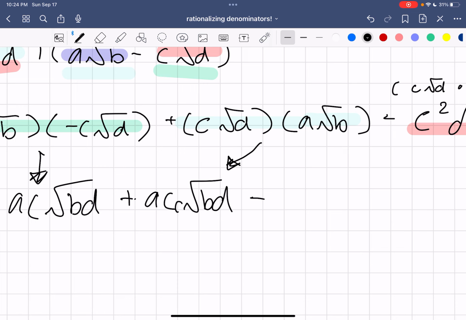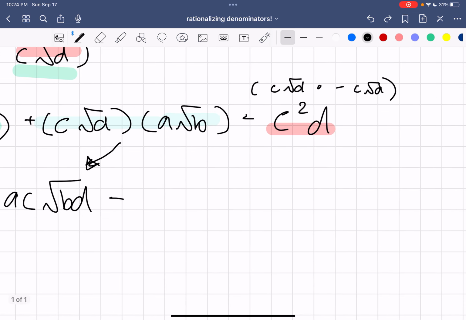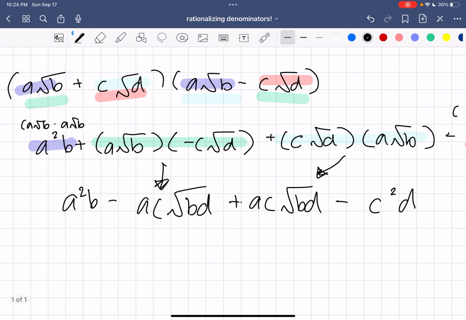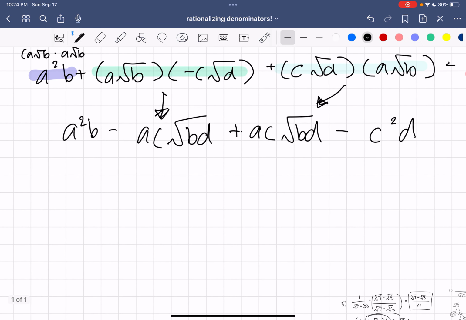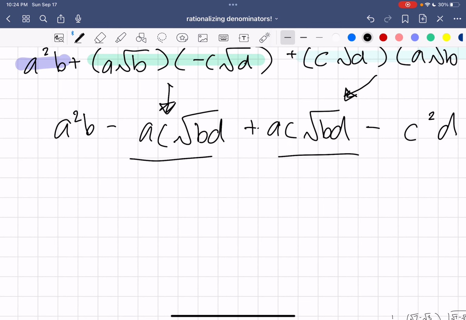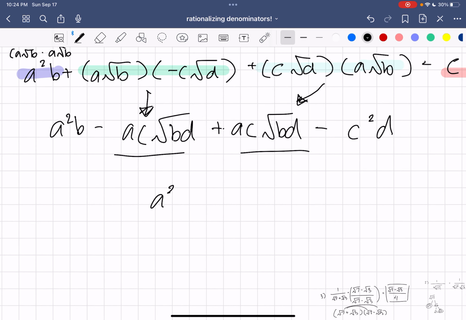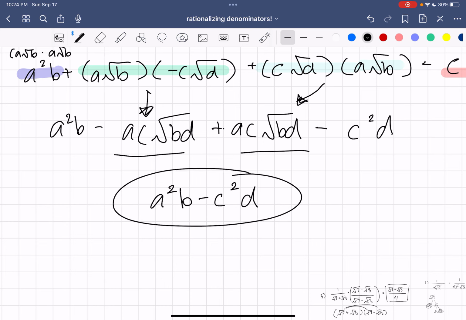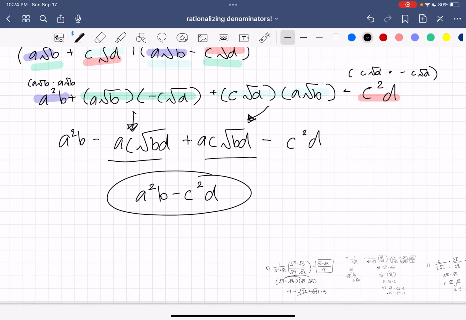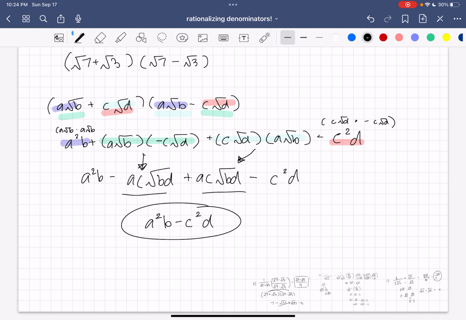Minus C squared D. And then these would cancel out because it's a negative plus a positive of the same number. So identity property, I'm pretty sure. Then you get this. And we just got rid of the radicals, so cool. And that's pretty much the proof.